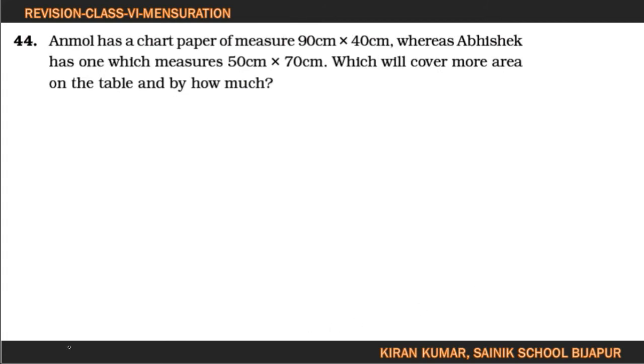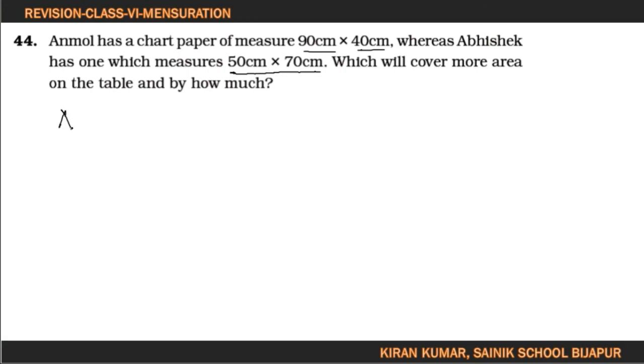Question number 44. Anmol has a chart paper of measure 90 centimeter by 40 centimeter, whereas Abhishek has one which measures 50 centimeter by 70 centimeter. Which will cover more area on the table and by how much?